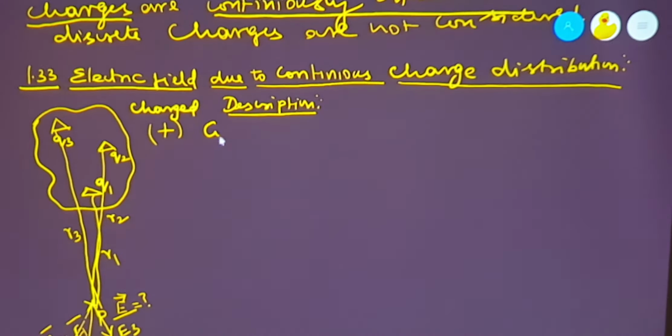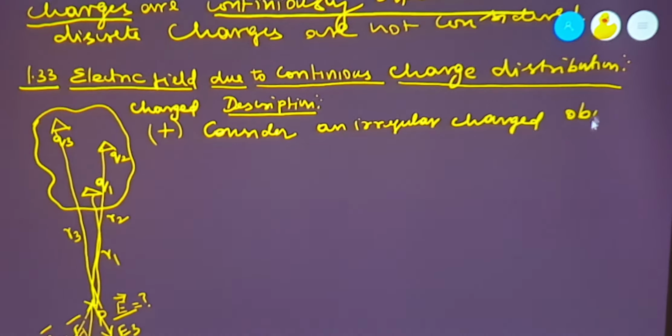What is the description? First of all, consider an irregular charged object. That is the first point.